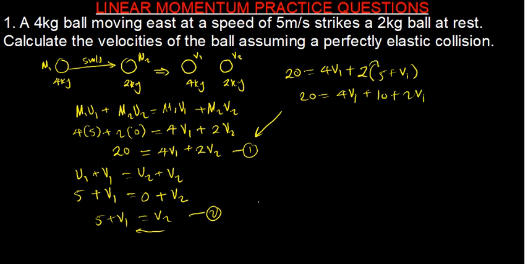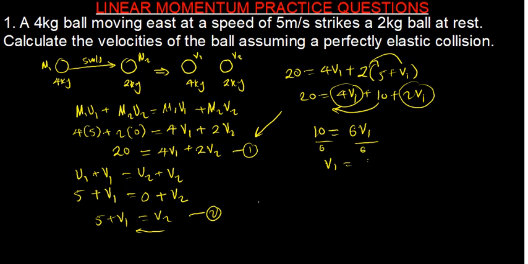We just distributed the 2 on those. If we take the 10 this side, it will become negative, so we have 20 minus 10, which is 10. Then we add 4v1 plus 2v1, we get 6v1. To remain with v1, we divide by 6. So our v1 is going to be 10 over 6, which is 1.67 meters per second.